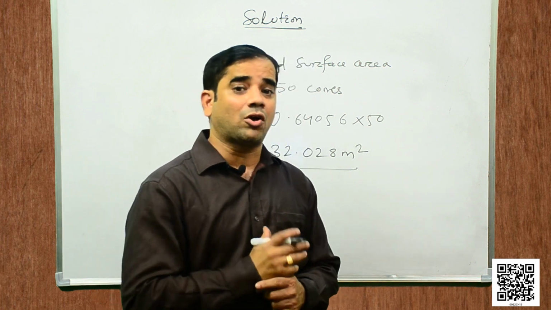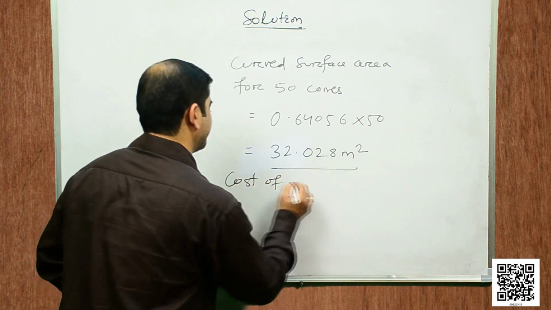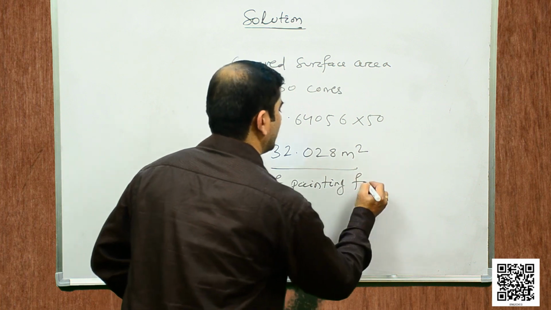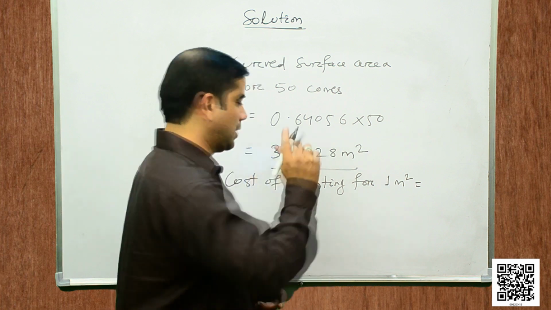Now let us find out the cost of painting. Okay. Cost of painting for 1 meter square is given as rupees 12.